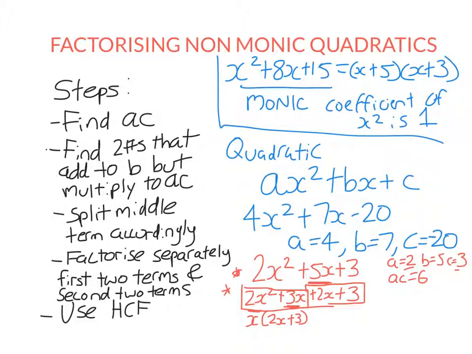The next two terms actually don't have a common factor, but I can still factorize them by taking out a common factor of 1. Okay? So now treat this as one term, treat this as another term. Both of them have a common factor of what's in the brackets. So I take that out the front, and then I'm left with x plus 1. Okay, now this is factorized. This is factorized like this.